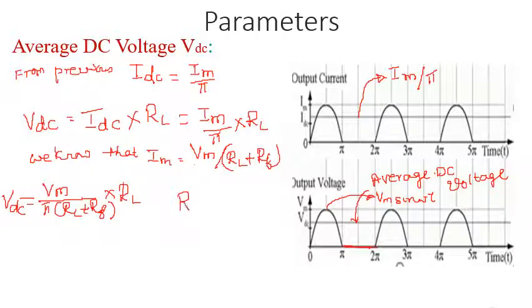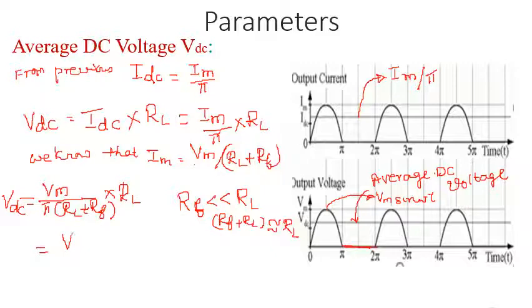RL is the load resistance, in kilo ohms, and RF is a very small resistance compared with RL. So RF plus RL can be approximated to RL itself, because RF is very small and can be neglected.